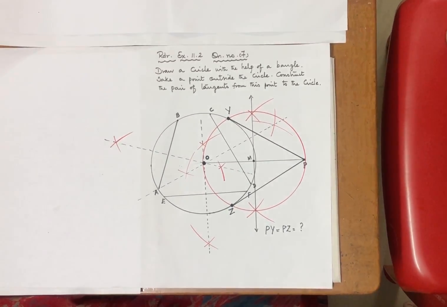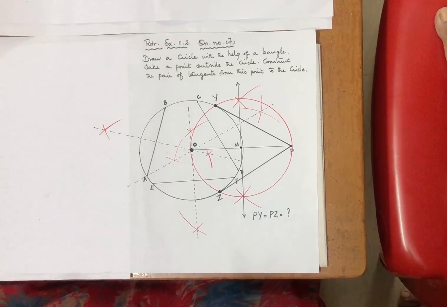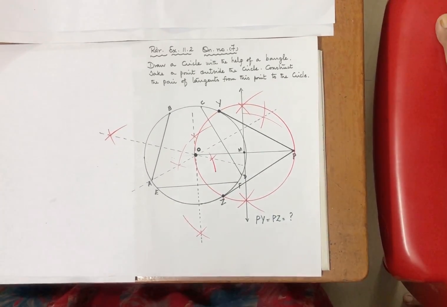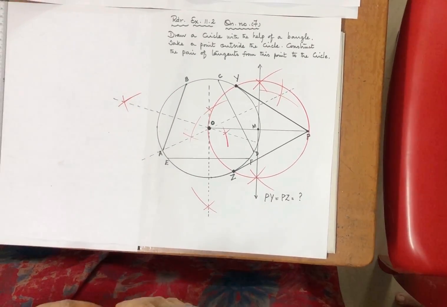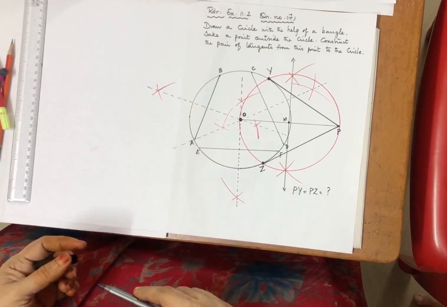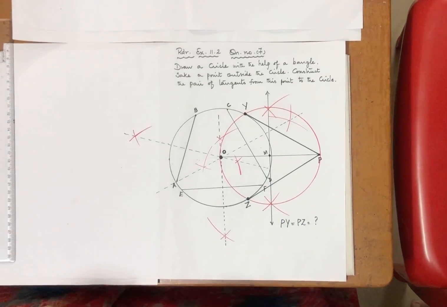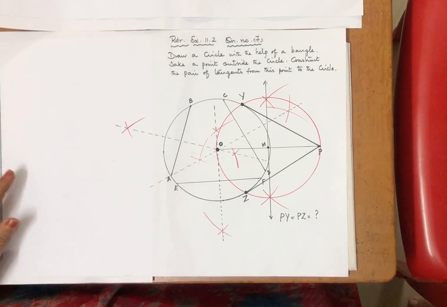From the center you choose a point without any measurement. You choose a point outside the circle. Then from there you construct a pair of tangents to the circle. So this is how you are doing the construction for question number 7.